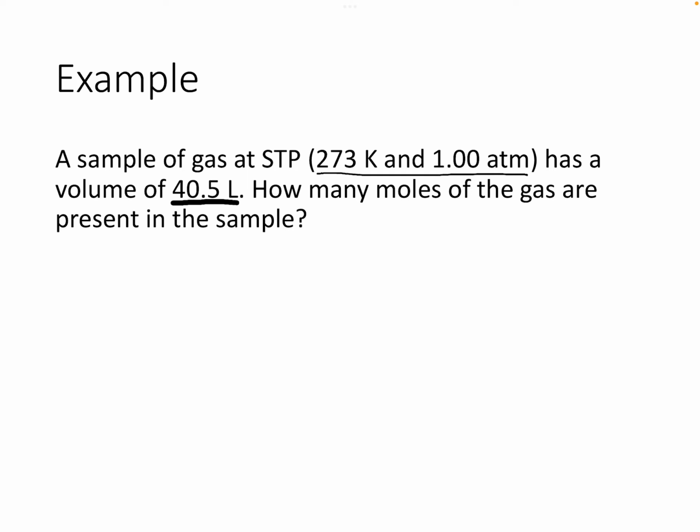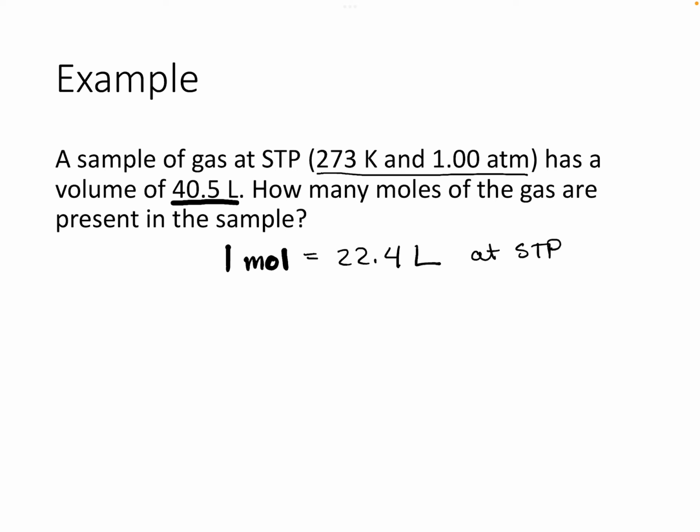We want to figure out how many moles of the gas are present in the sample. Well, we already know that at standard temperature and pressure, 1 mole of any gas will take up 22.4 liters of space. So we can use that as a conversion factor.